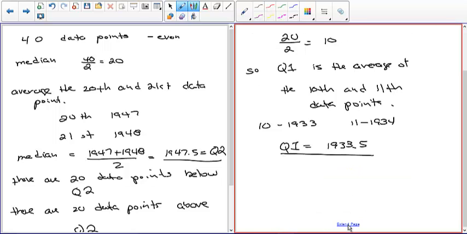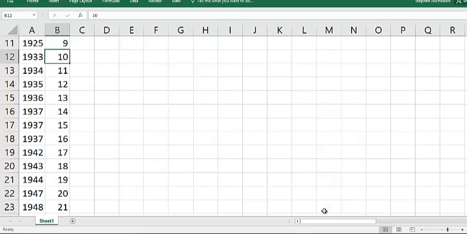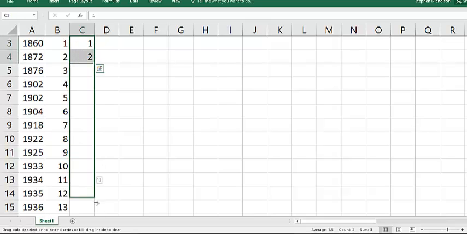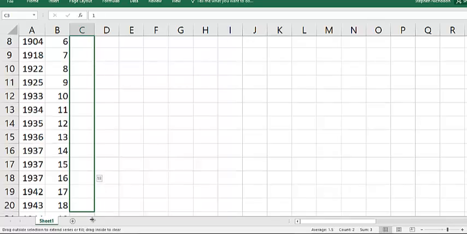Now we need to find Q3. So for the same reason, Q3 is we take the top part of the data, and you're like, well, which ones do I use? Well, one thing you could do is you could set up your spreadsheet so that you count the first 20 data points. So that was easy.